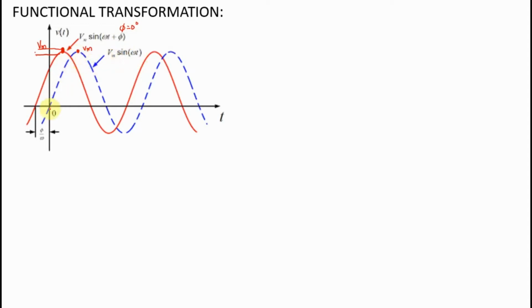So this will be that curve, and it exactly starts at the origin. And if you place a negative phi here, your curve will start at a certain point from the origin to this point.